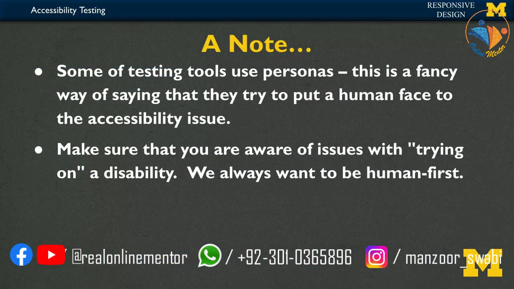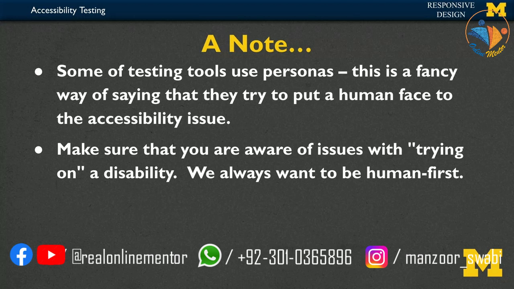So as I mentioned, there are so many great tools out there and new ones coming out all the time. Some of the testing tools use something called personas. This is a fancy way of saying that they try to put a human face to the accessibility issue. So they'll name it something kind of cutesy like Dizzy Desi or Short-Sighted Sue.